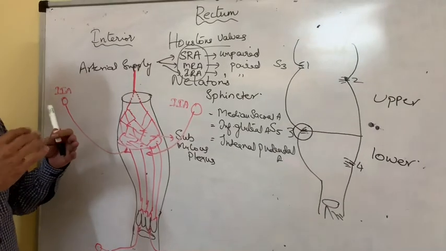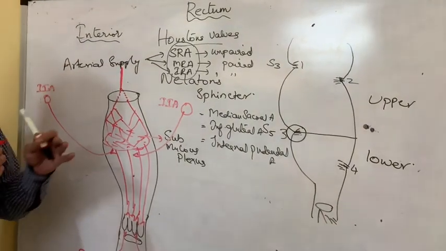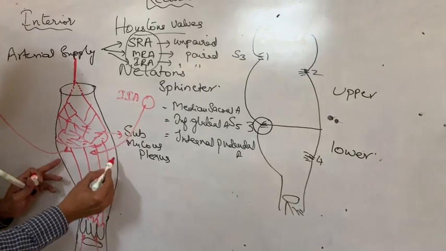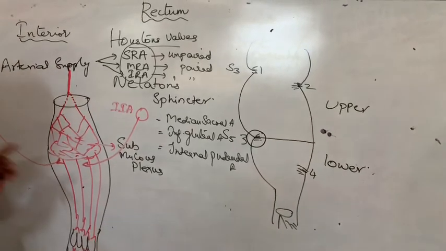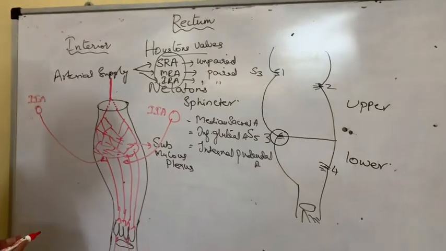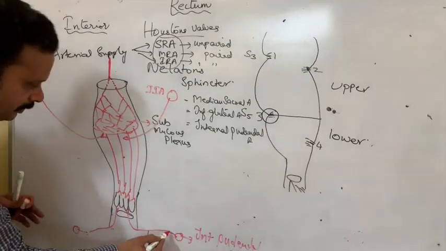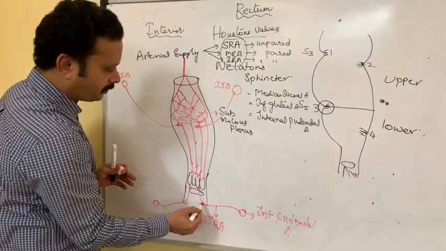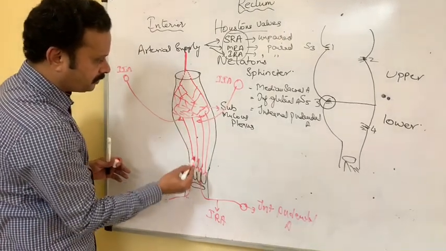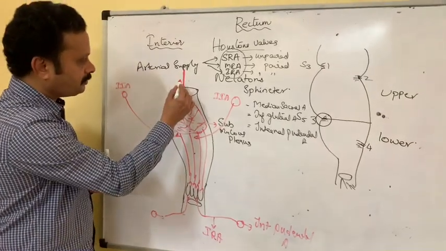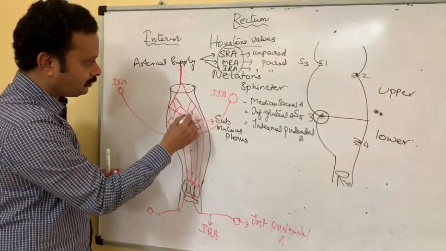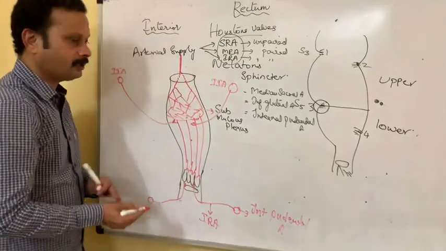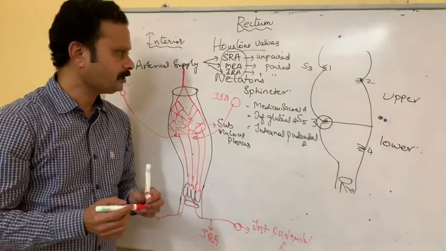It is contained within the lateral ligament of the rectum and ends by supplying the lower part of the rectum. And inferiorly, it is supplied by the inferior rectal artery, which is a branch of internal pudendal artery, which anastomoses with the straight vessels arising from the superior rectal arterial plexus at the level of the pectinate line of anal canal. This is all about the arterial supply.